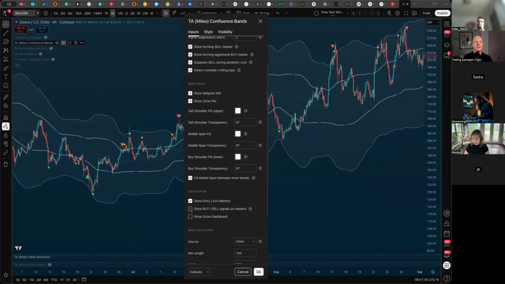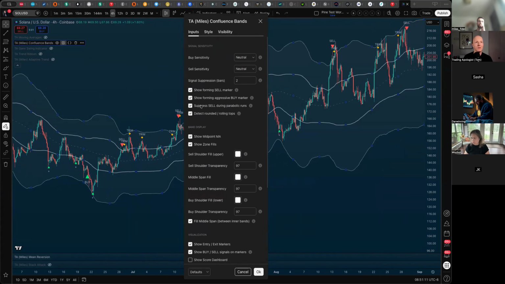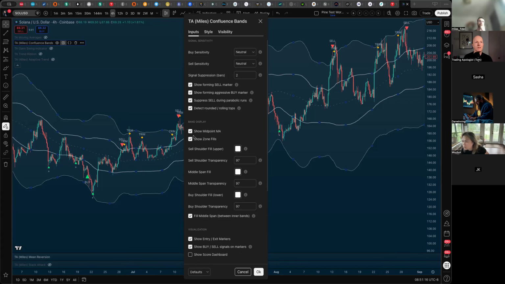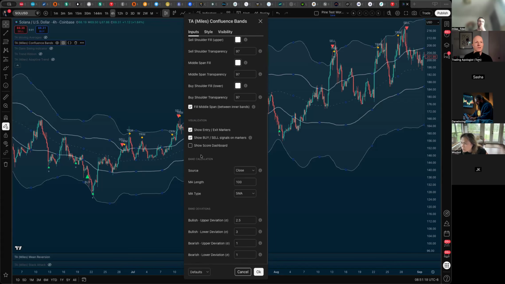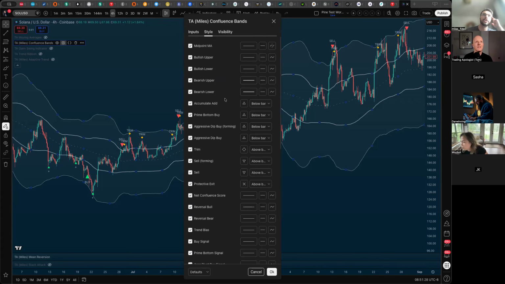Oh, no, that's not the one. Where is the text? Exit markers. Where did I put that? Too many options. Oh my gosh. I think it's at the top, maybe. At the top. Yes. I know, sorry. Go to style. I think it's in style on the latest version.